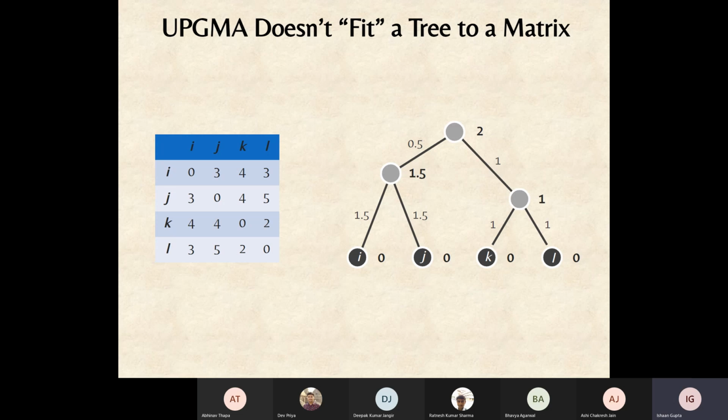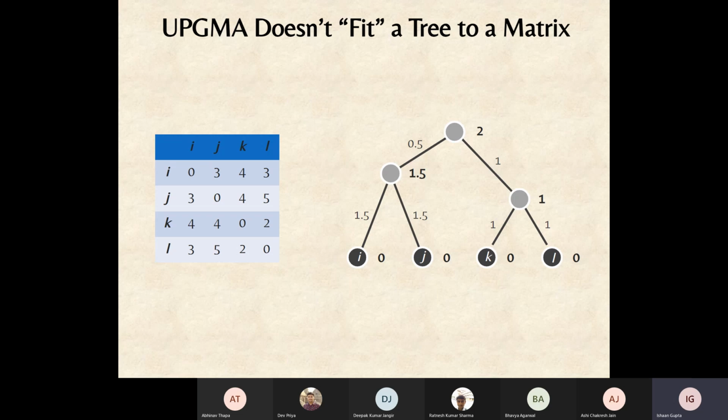All right. But if you look at it, does this given tree actually fit the matrix? Is the distance between I and L 3? No, sir, it is 4. So we know that the matrix is not additive, so a simple tree is not going to fit it.